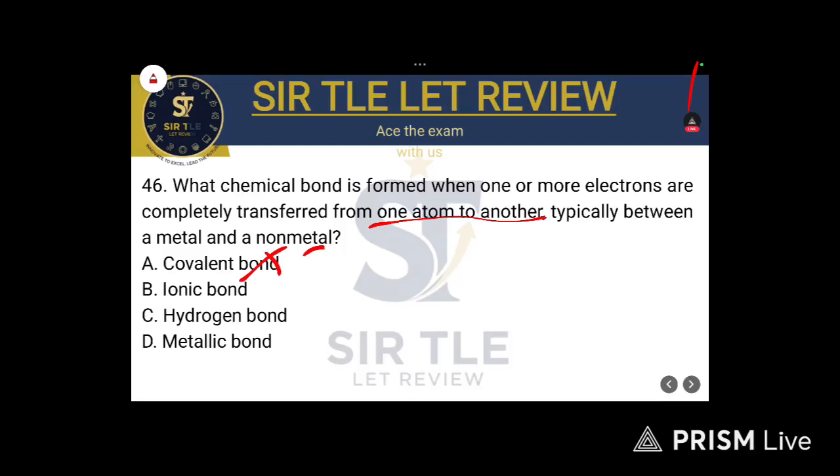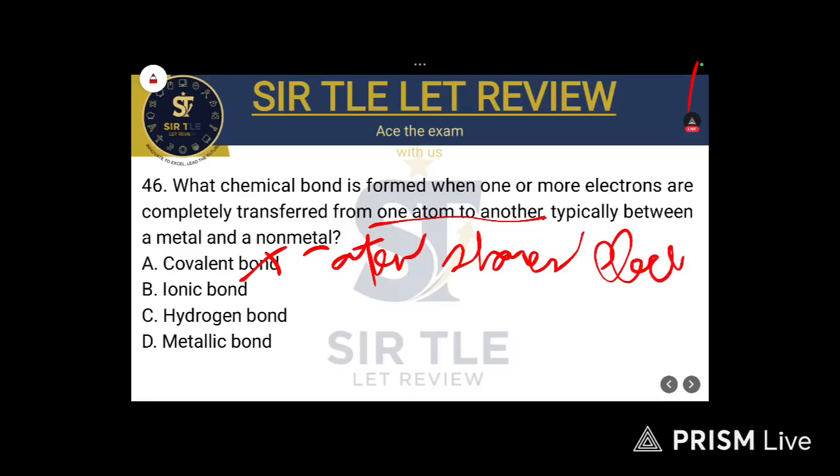Covalent atoms share electrons, like friends sharing a blanket. The question is transferring from one atom to another. Okay, that's the example of covalent bond.